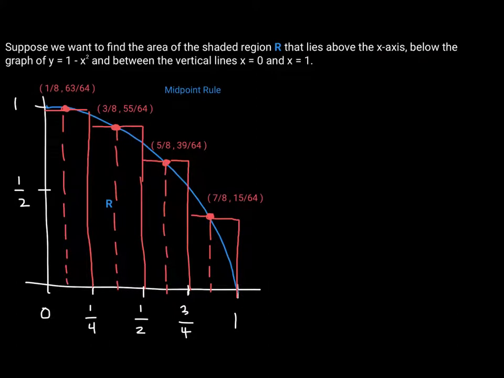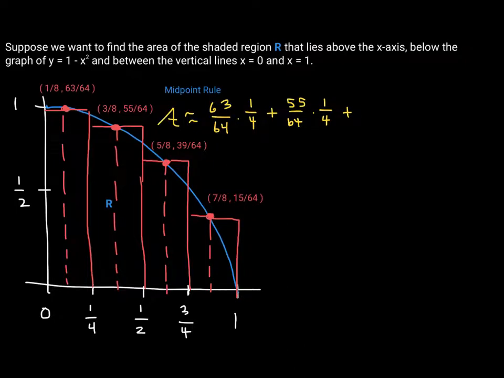All right, we're ready to write down the area. So the area is approximately equal to the height of the first rectangle, 63/64, times the width, which is the base, which is 1/4. Okay, plus the height of the second rectangle, which is 55/64, times the width of that rectangle. Now the widths are all the same, so I could just keep on writing 1/4, right?